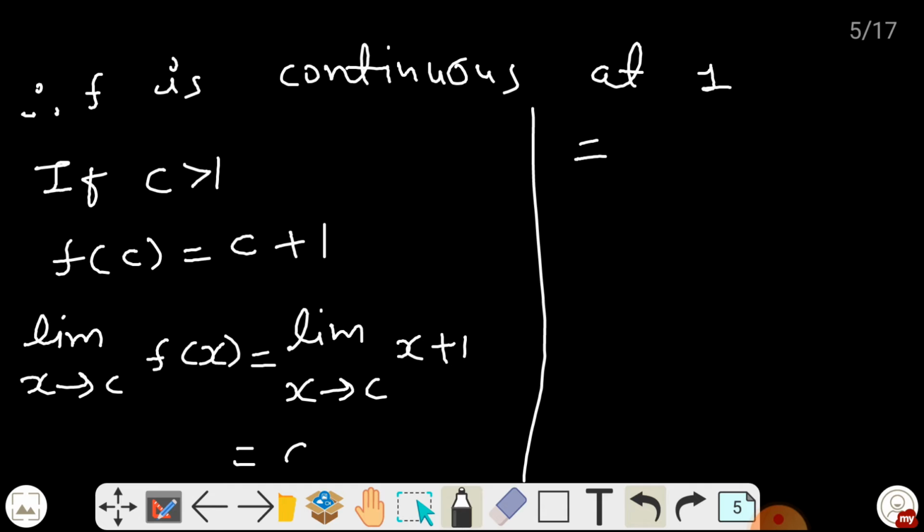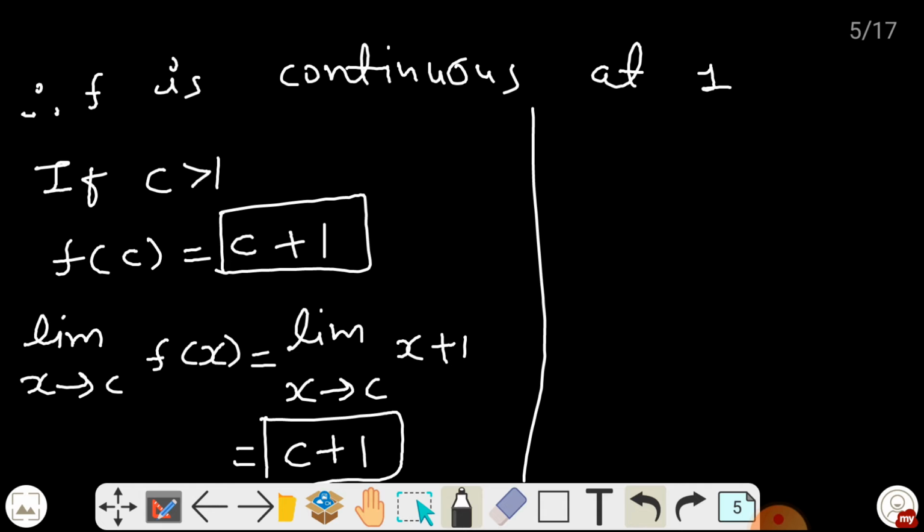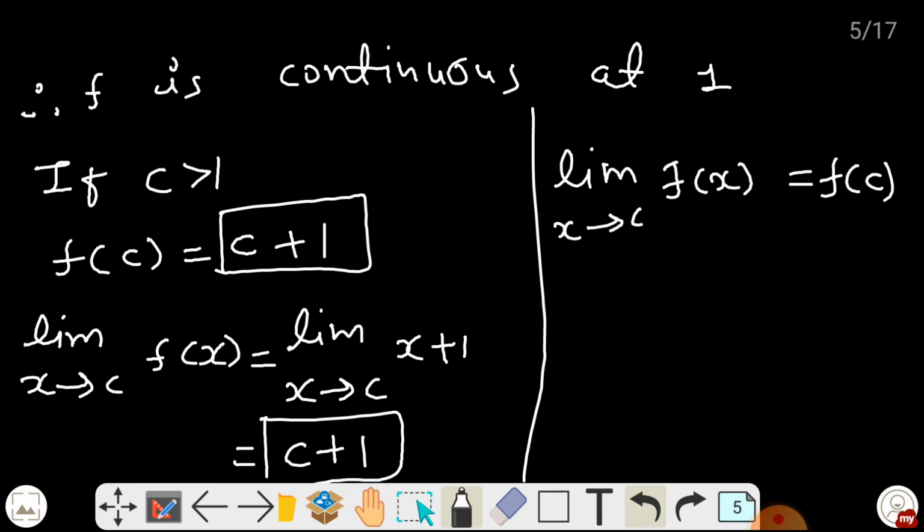So I am writing it here, c plus 1, right? Here you can see that our f of c is c plus 1 and our limit is c plus 1. So we can simply write that limit x tends to c f of x is equal to f of c.